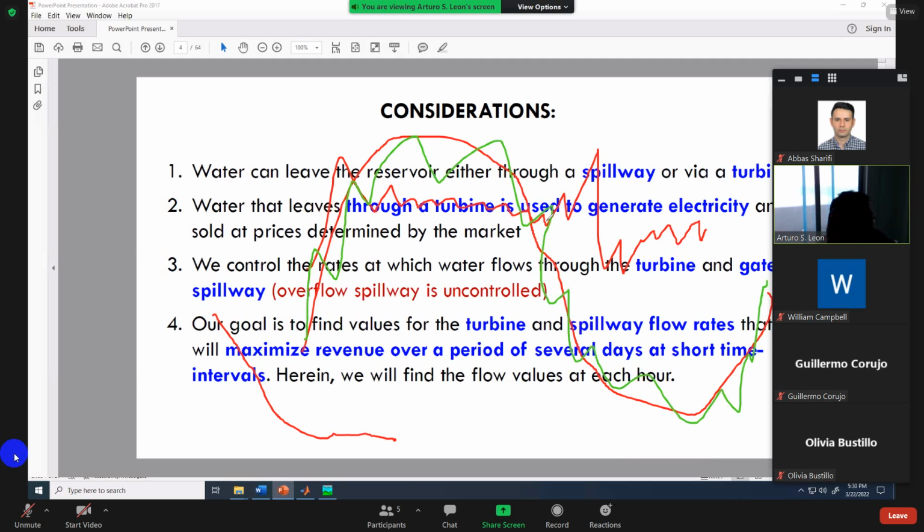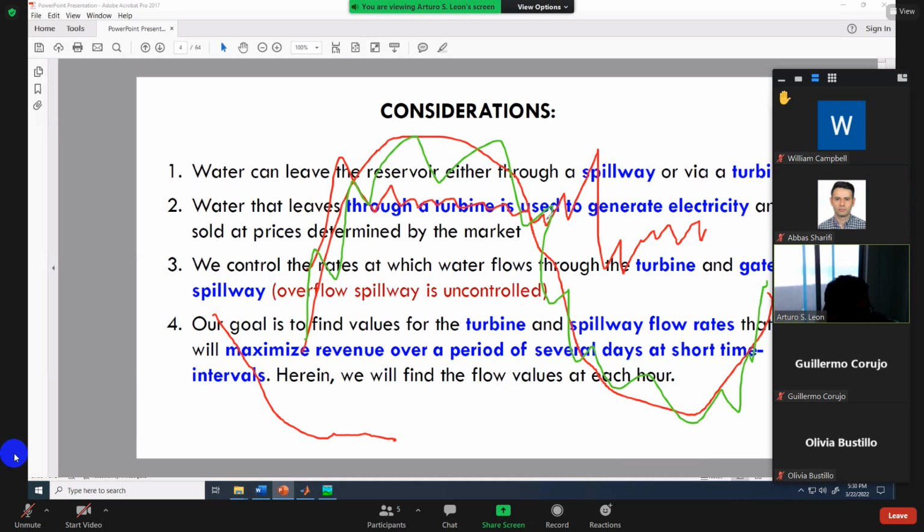So the idea of the optimization is when we should produce power and when we should hold the water. We can sell the power whenever the price is higher, right? That's the idea.